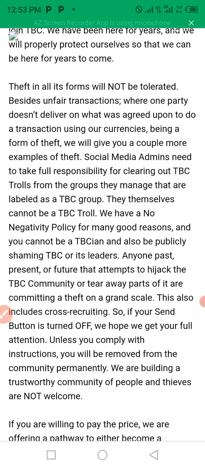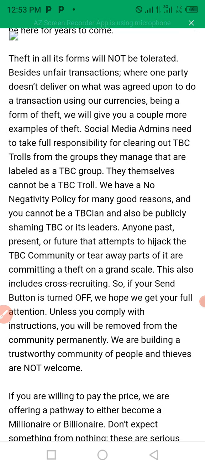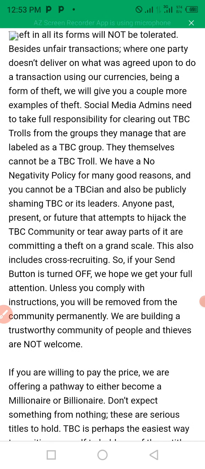Besides unfair transactions, where one party doesn't deliver on what we agreed upon, a transaction using our currencies being a form of theft, we will give you a couple more examples of theft. Social media admins need to take full responsibility for clearing TBC trolls out of the groups they manage that are labeled as a TBC group. They themselves cannot be TBC trolls.